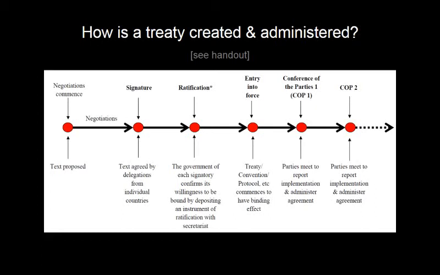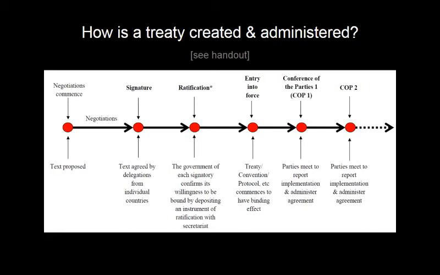So you start on the left with negotiations commence and a text is proposed. That is generated by countries recognising that there is a problem that they can't solve themselves within their country. So in a non-environmental sense, it might be something like international terrorism or international drug smuggling. Countries might agree on shared information about drug smuggling. Obviously, because it's international in nature, the countries can't solve it themselves, and there's a huge benefit in police forces sharing information.